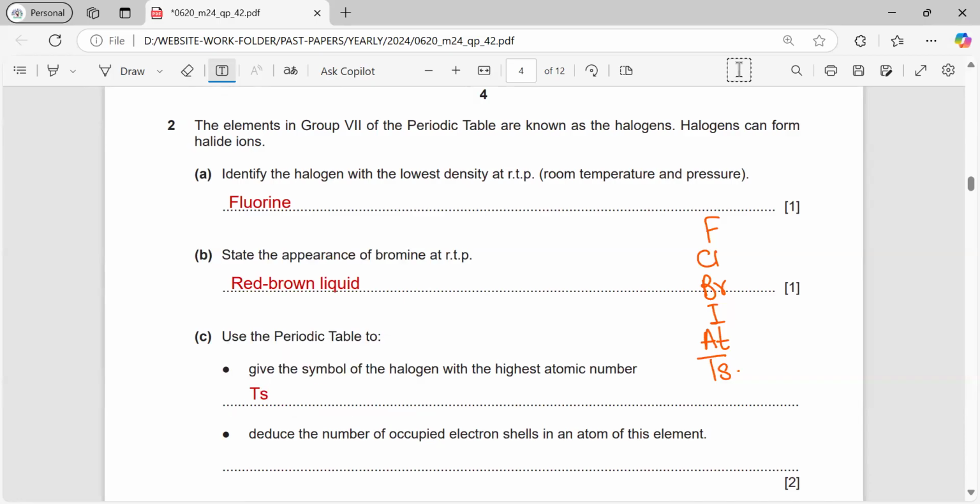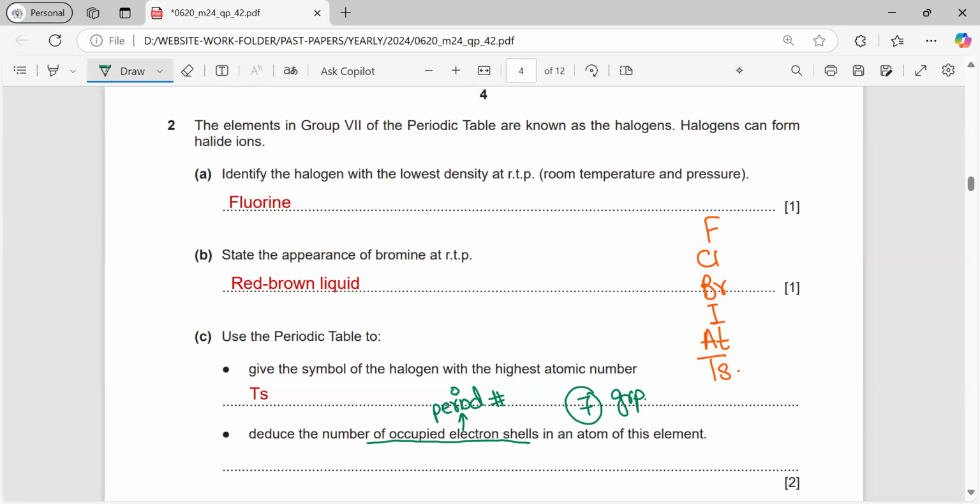Deduce the number of occupied electron shells in this atom. As this atom is a halogen, halogens are present in group number 7. But the number of occupied electron shells tells us the period number. Whatever period number the element is in tells us the number of occupied electron shells.